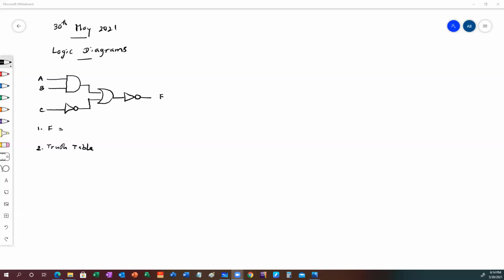Right. Who got the expression? Dilshan? Datsari. A dot B plus C bar, full bar.